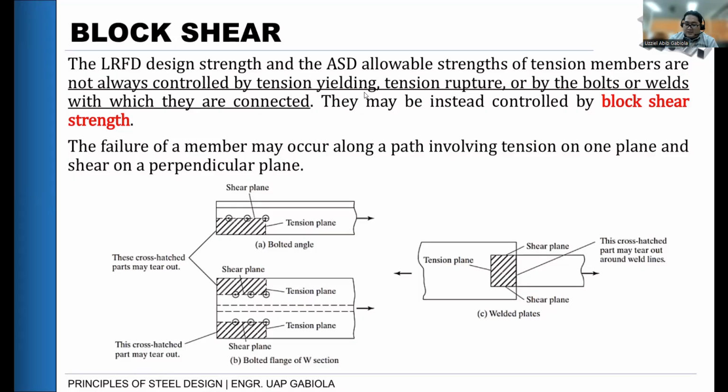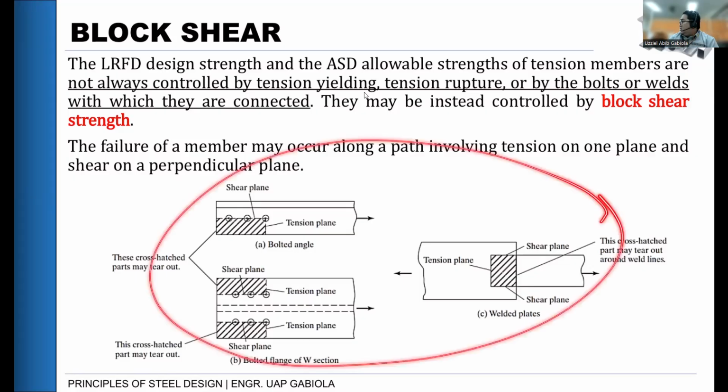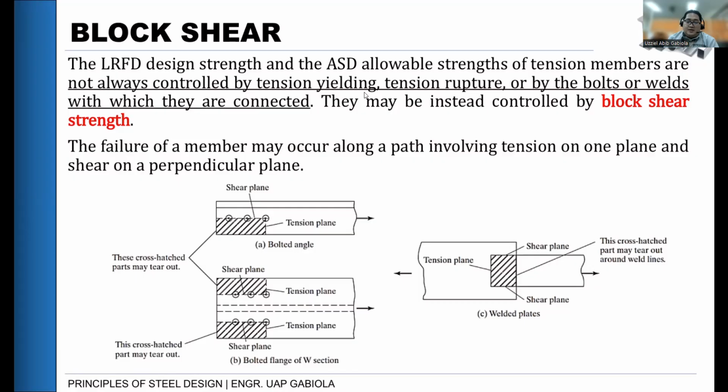Okay? So let us look at these three shapes that we have. We have an angle, a wide flange, and a tension member that is welded on one plane.